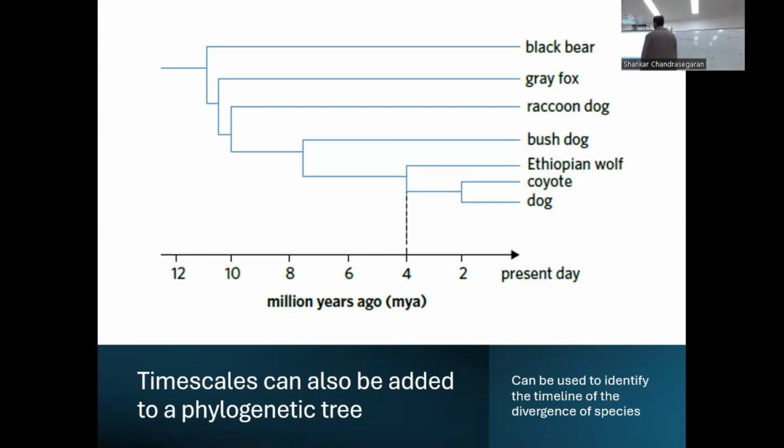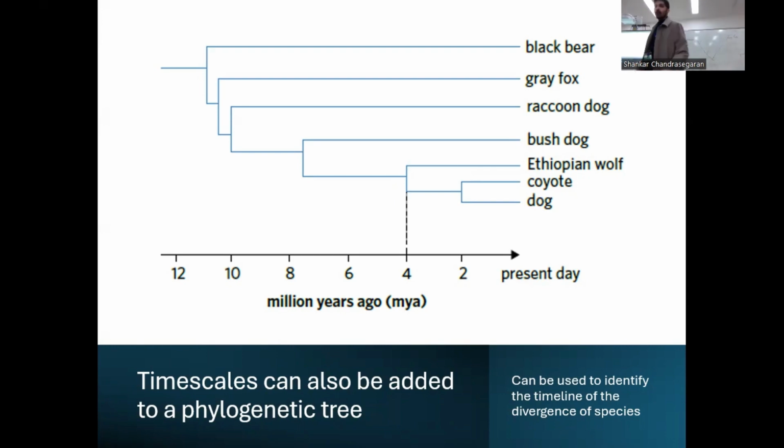Let's say we are trying to find the fossils for the common ancestor between Ethiopian wolf, coyote, and dog. But when we are trying to find fossils, we could not find any fossils that accurately describe the common ancestor we're looking for. Thus, it creates a gap between what we know are related to each other and how they link back to the main tree, right?